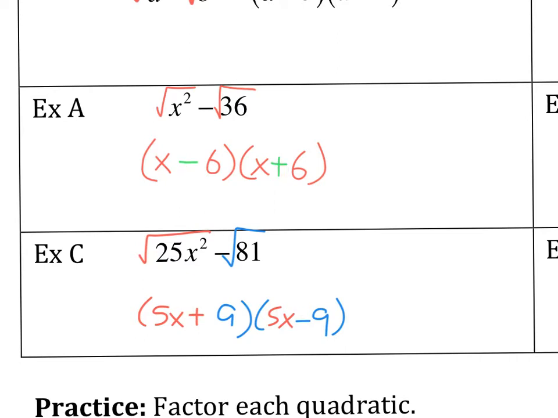It doesn't matter, because you can flip those around. It's called the sum and difference pattern by some, also called the product of conjugates. But we're calling it the difference of two squares.